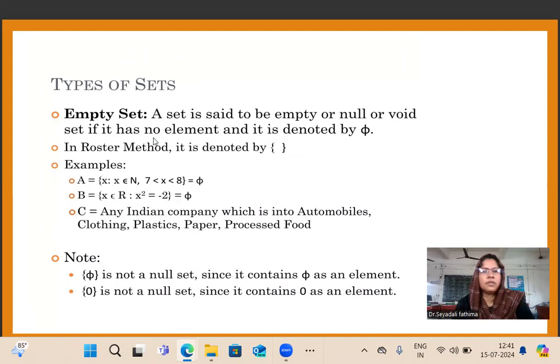Another example: B equals the set of x belonging to R such that x squared equals -2, which is an empty set. The set {phi} is not a null set since it contains phi as an element. The set {0} is not a null set since it contains the element 0.